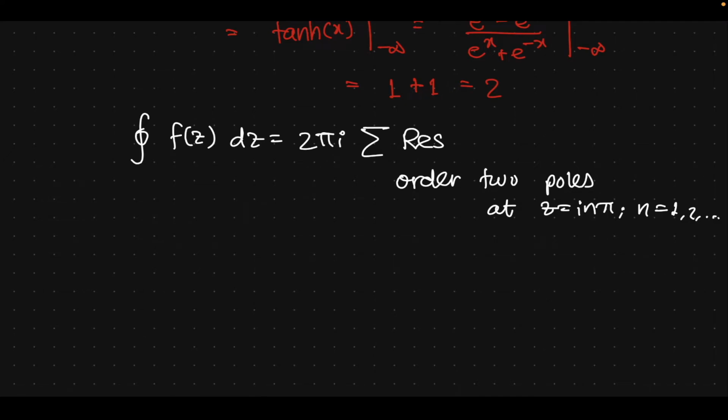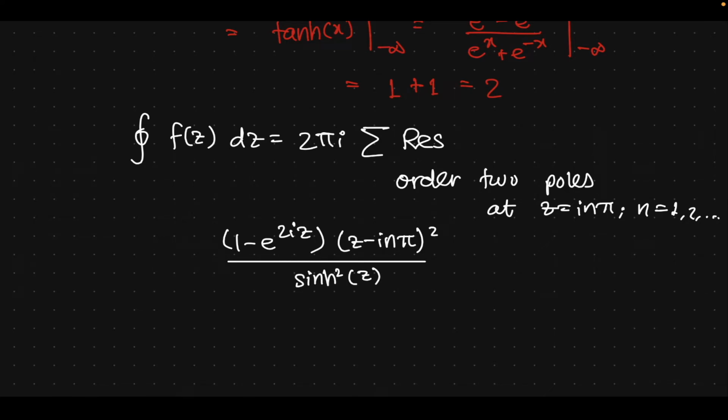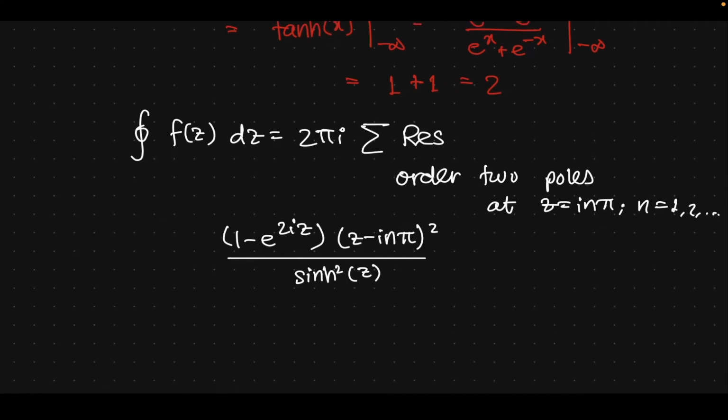So to do that, for an order 2 pole, we need to multiply by this extra factor and then find the first derivative and then take the limit of that. So z minus I n pi squared divided by sinh squared of z.